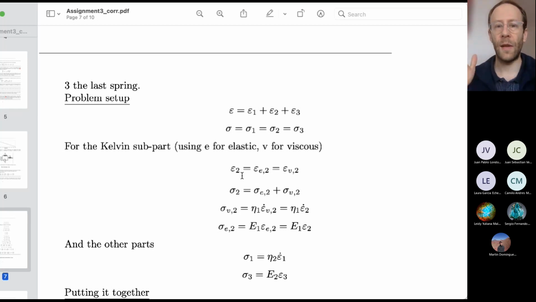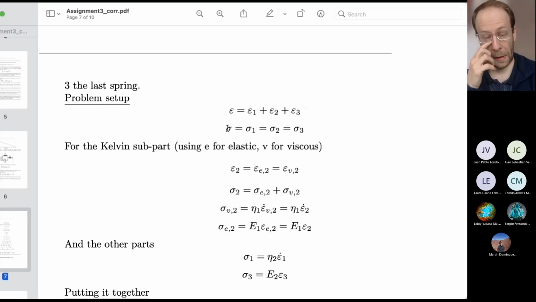If you have a model in series, then you know that you're going to sum the deformations and equate the stresses, because of the setup that you've seen in the case of the Maxwell, which is also in series.